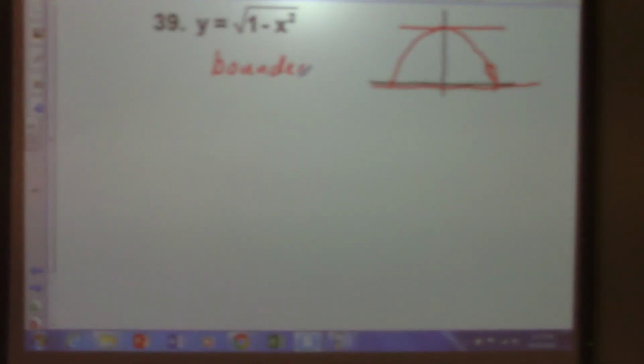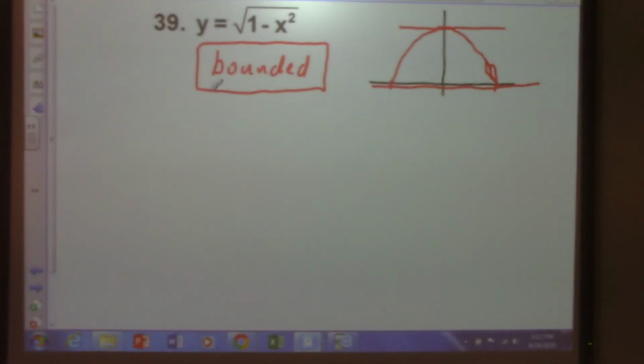Why is it less stars? I should have put stars too. Yeah, 0, 1, 0. That's the table. It's bounded. Is that what it looks like? Yeah, 0, 1, 0.